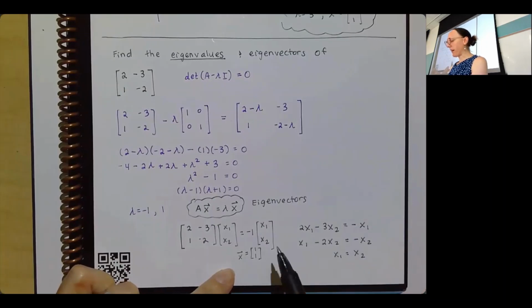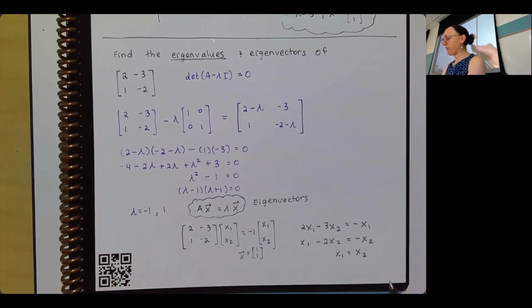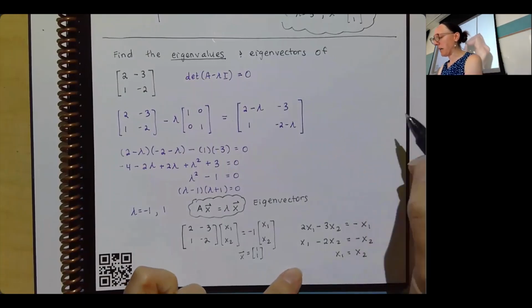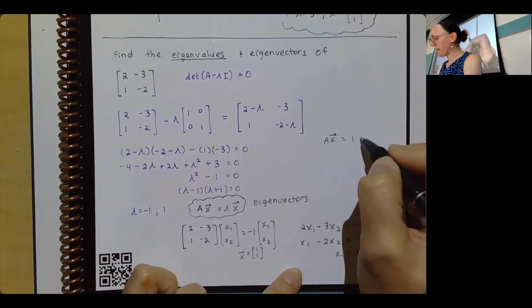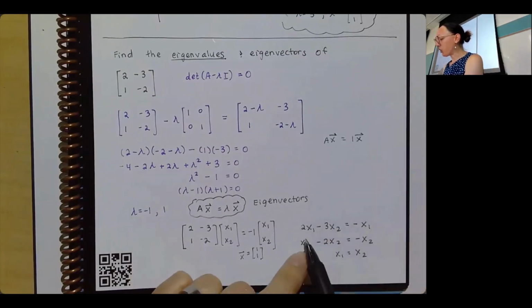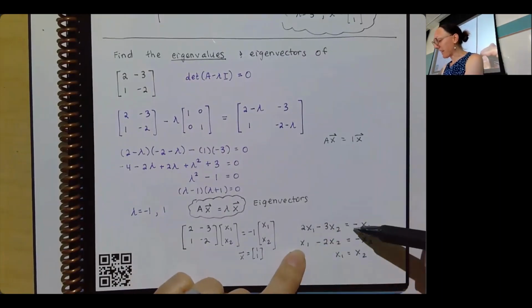If I do it all over again, but instead of a -1 there, I have a +1, I don't really want to have to flip the page, so I'm just going to do it. My Ax equals 1 times x equations should look identical to these, but this side will be positive.